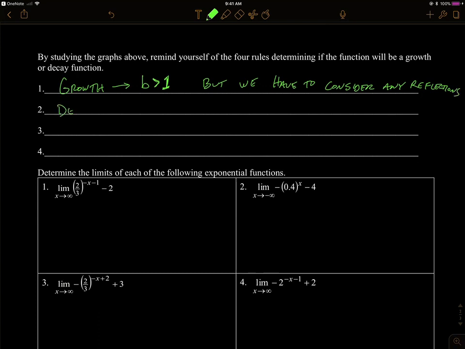It's decay if our b is less than 1, and our b can't be negative, so I'm going to just say it also has to be bigger than 0.